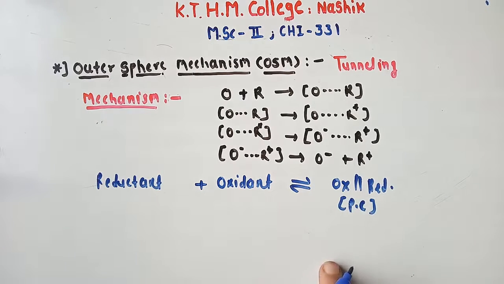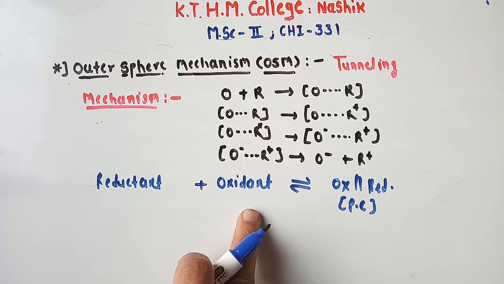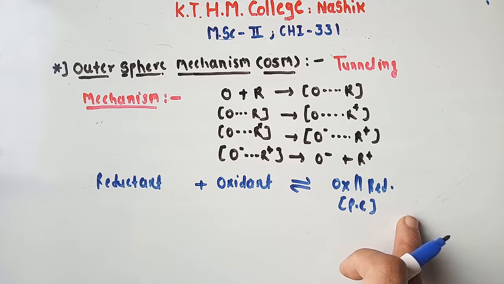There is no bond making and no bond breaking in case of OSM, that is outer sphere mechanism. So let's see, here is reductant, here is oxidant to form oxidant reductant precursor complex PC.